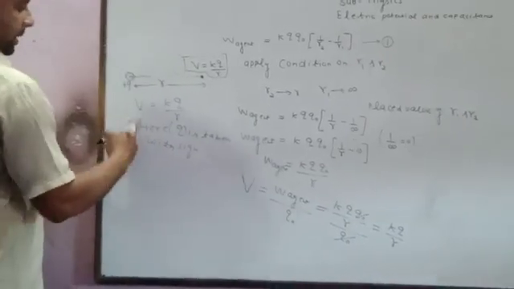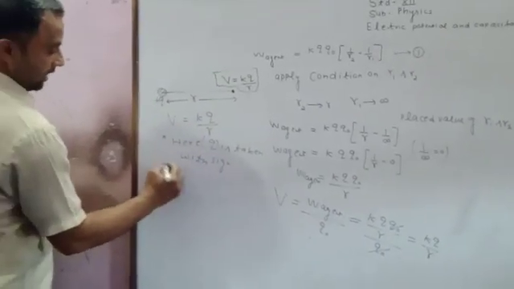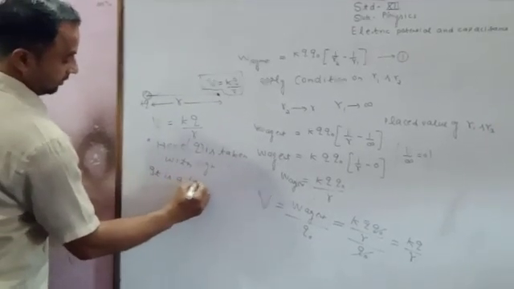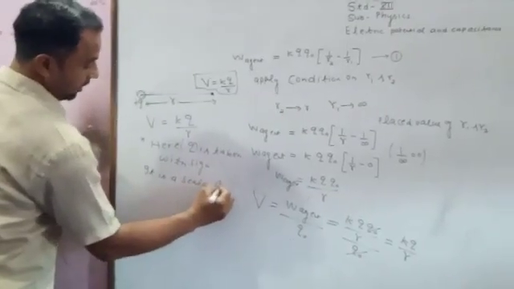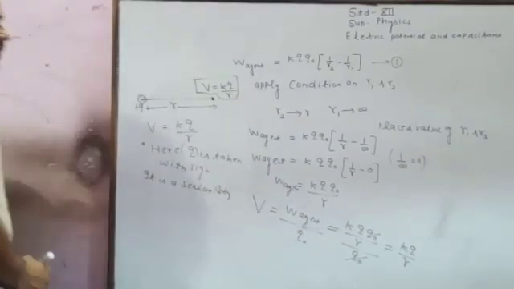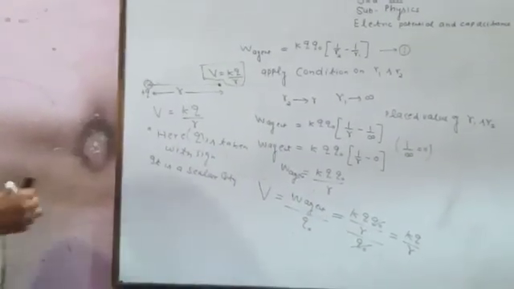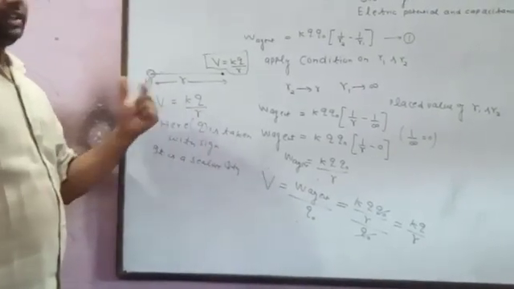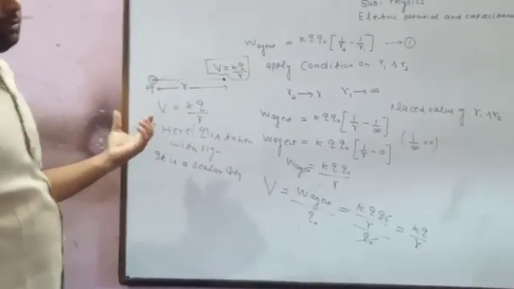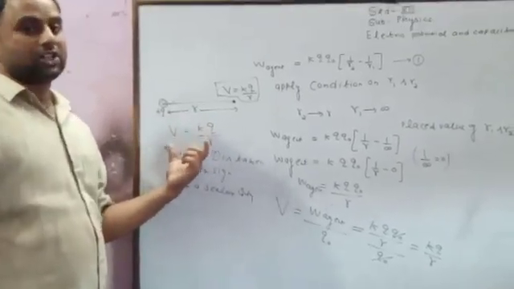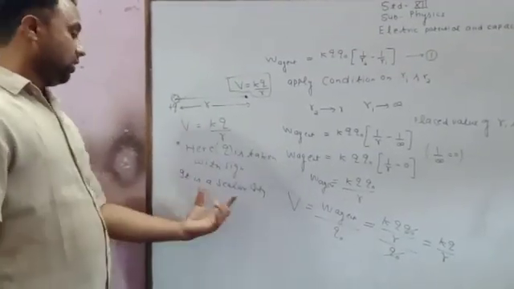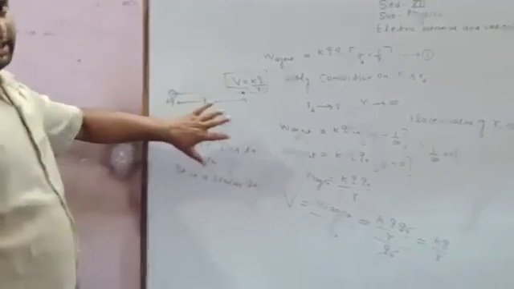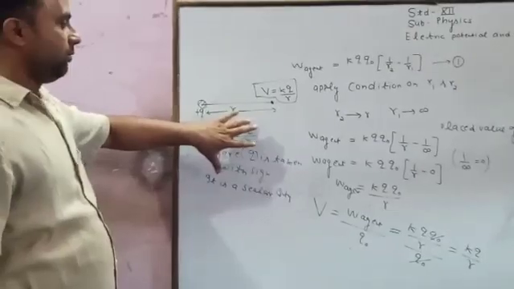And potential is a scalar quantity. If it is a scalar quantity, then we can solve it easily, because if it were a vector quantity, both magnitude and direction would be required, but here only the magnitude is required, so we simply do algebraic addition.